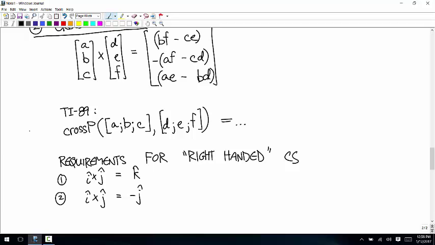Okay, that again. Got to deal with this again. And then the third one, j crossed with k gives you i. Yes, thank you. This should be k. Thank you.